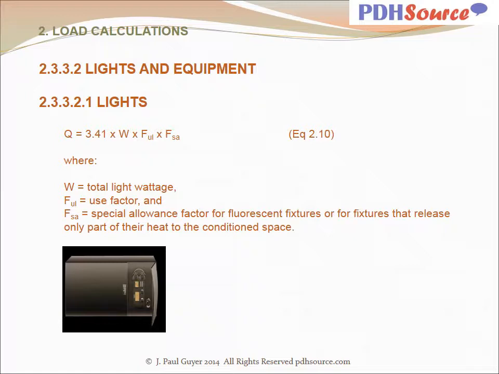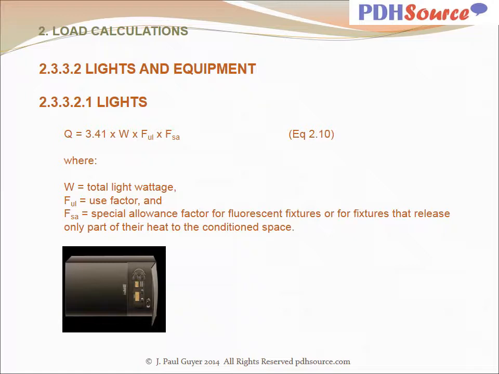The equation that is used to calculate the cooling load due to the heat of the lights in the building is Q equals 3.41 times the wattage times a factor called the use factor, and then something F sub SA called a special allowance factor. Now this formula as it was originally created was for calculation where the internal load lighting was primarily incandescent.